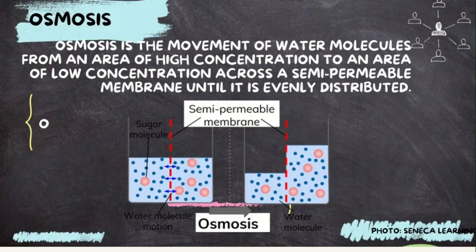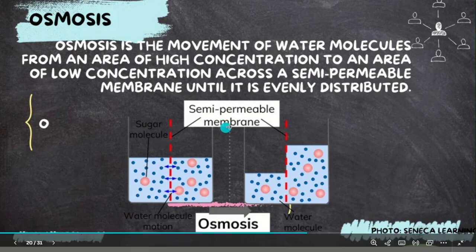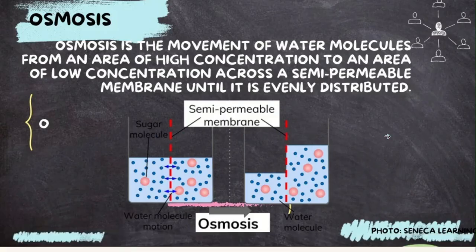The biggest difference between diffusion and osmosis is that one, it's happening in water, and two, it is going across a semi-permeable membrane, as you can see here. But it's the same concept, high concentration to low concentration, right?